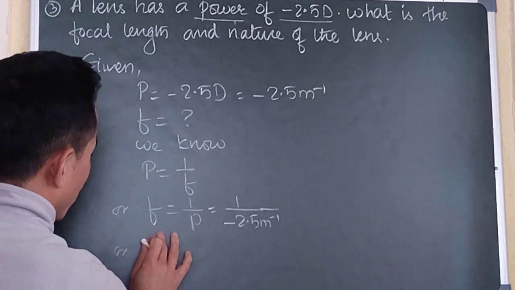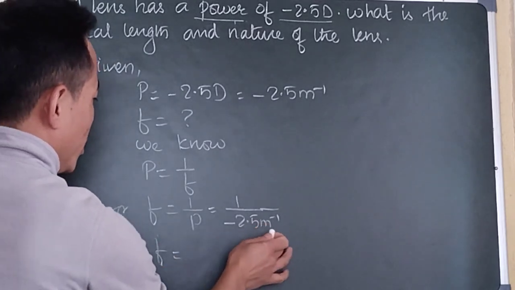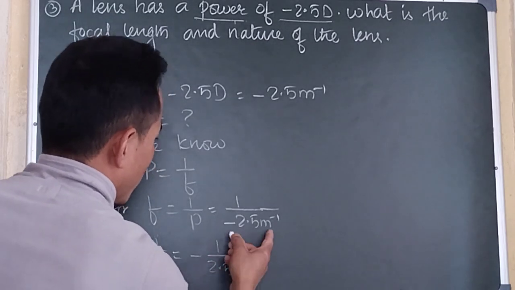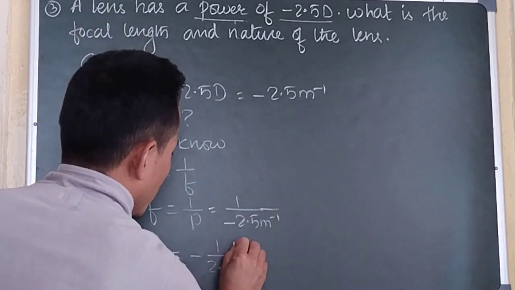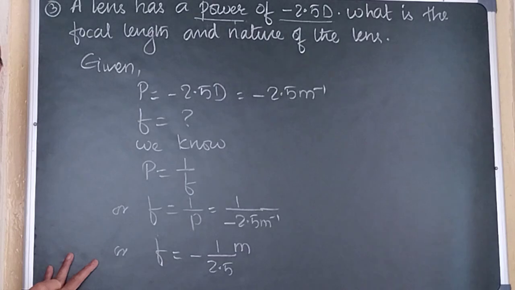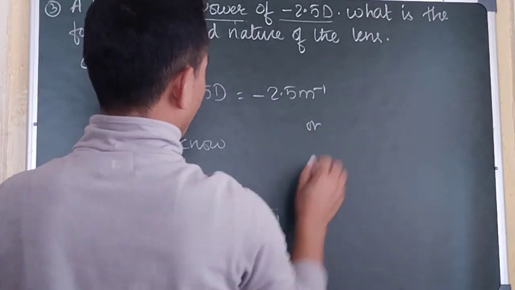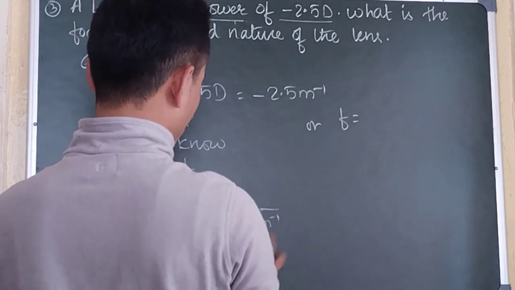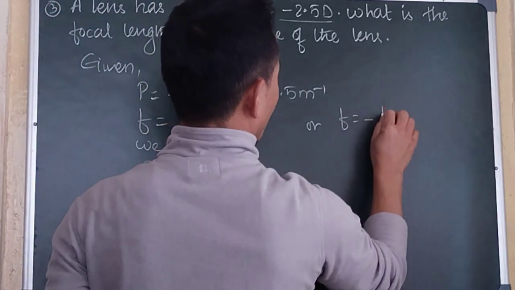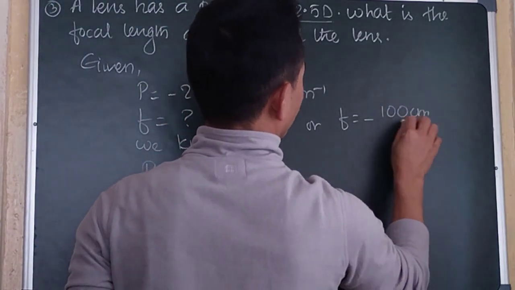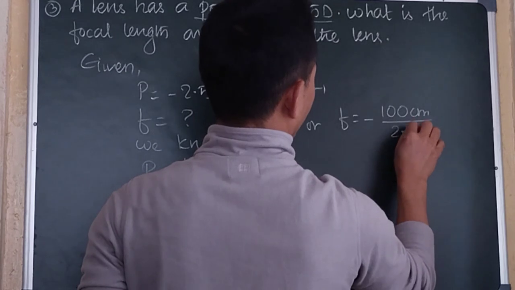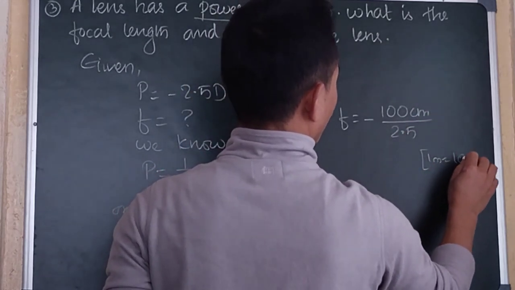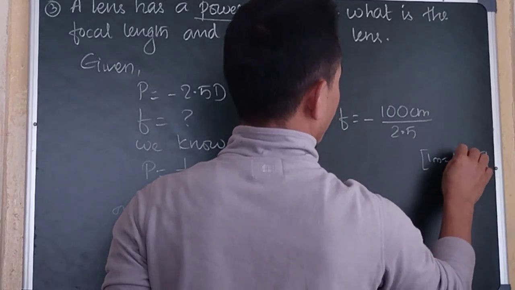Now what you can do here is take meter inverse to the numerator. So it becomes 2.5 meter inverse. If you take it to the numerator, then it becomes meter, right? After that, what you can do is convert meter into centimeter. So focal length is equal to 1 meter, which is equal to 100 centimeter, divided by 2.5. Here we have used 1 meter equals 100 centimeter.